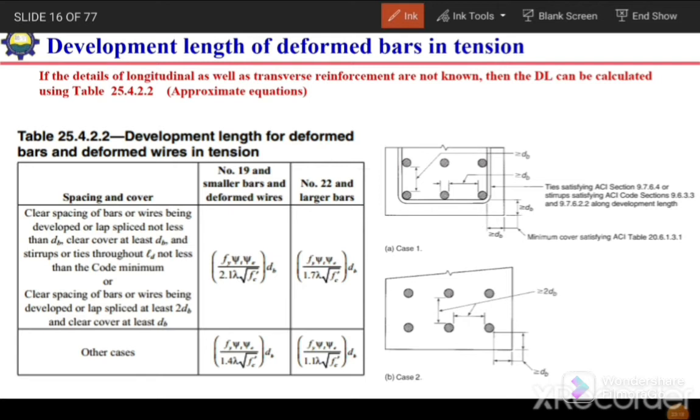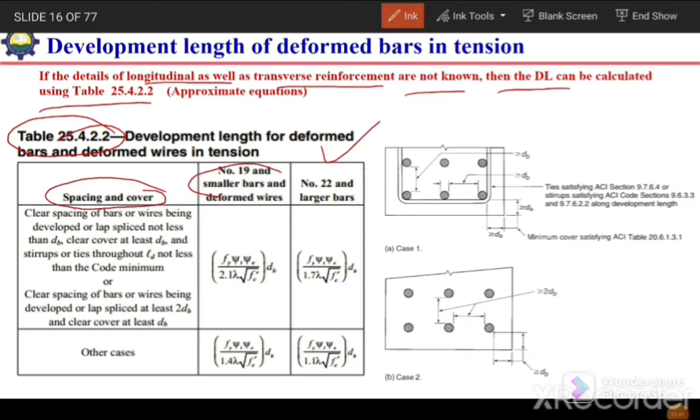Next is, if the detail of longitudinal as well as transverse reinforcement is not known, then the development length can be calculated using table 25.4.2.2. So this table given in the ACI code can be used to calculate the development length. To calculate the development length based on this table, we need to check for the spacing and cover as well as the size of the bar.